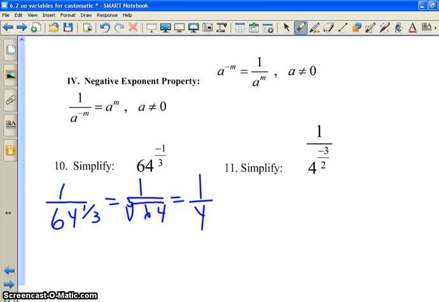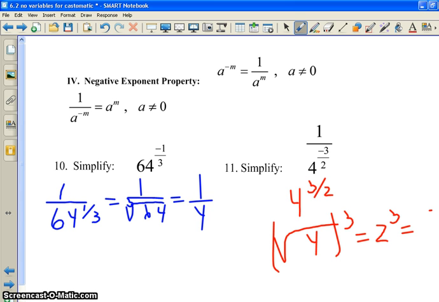And then the next one, you'll notice that it's in the denominator. So to make it positive, we move it to the numerator. So we would have 4 to the 3/2. If we change that to radical form, we would go the square root of 4 all raised to the 3rd power. The square root of 4 is 2. 2 to the 3rd is 8.